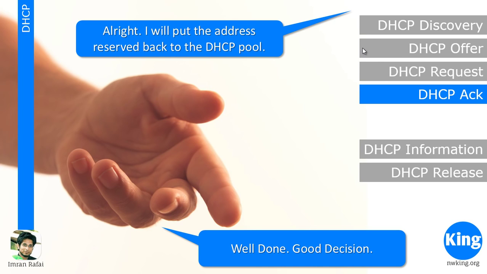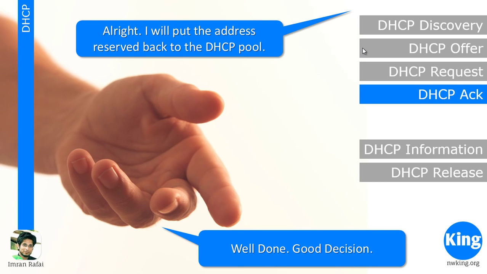Now DHCP release is the message sent by the client to the server to tell that it wants to release the IP address that it already has. But most of the time what happens is the user just disconnects before the client can send that message to the server, right? So before the client can even send that message, either the computer is shut down or the computer is disconnected.